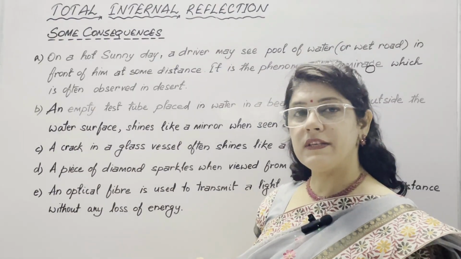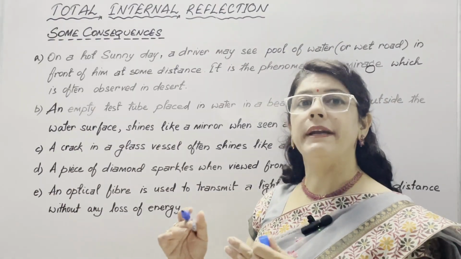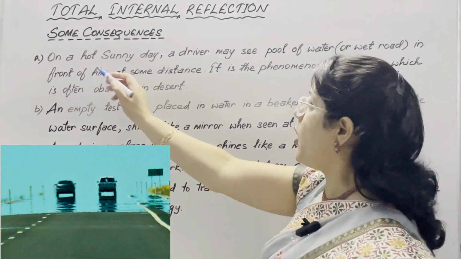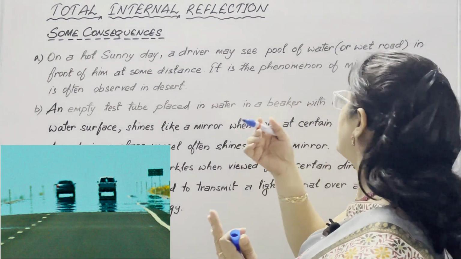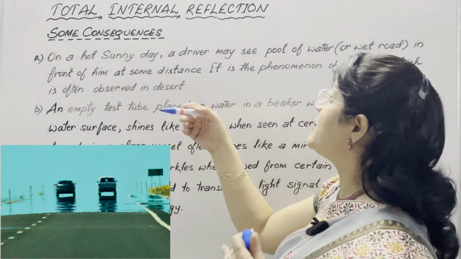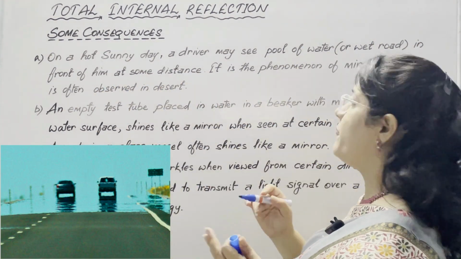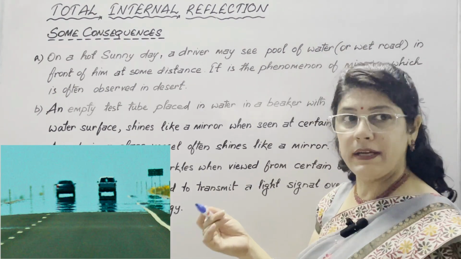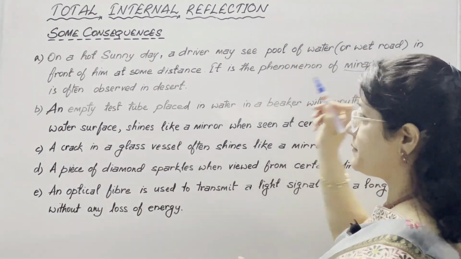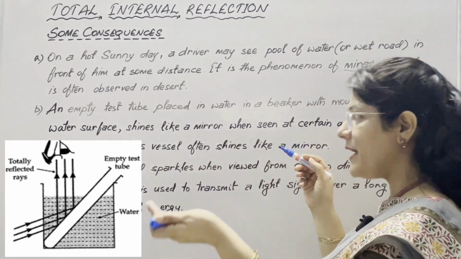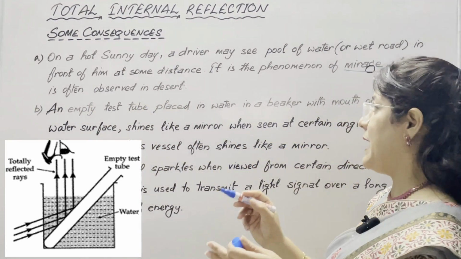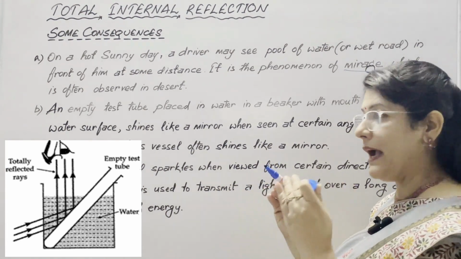Now we are going to discuss some consequences of total internal reflection. First is, on a hot sunny day, a driver may see a pool of water on a wet road in front of him at some distance. It is the phenomenon of mirage, which is often observed in deserts. Mirage. An empty test tube placed in water in a beaker with mouth outside the water surface shines like a mirror when seen at certain angles.